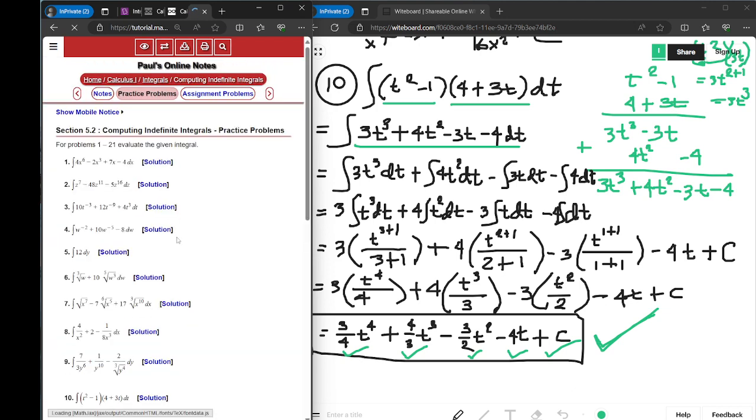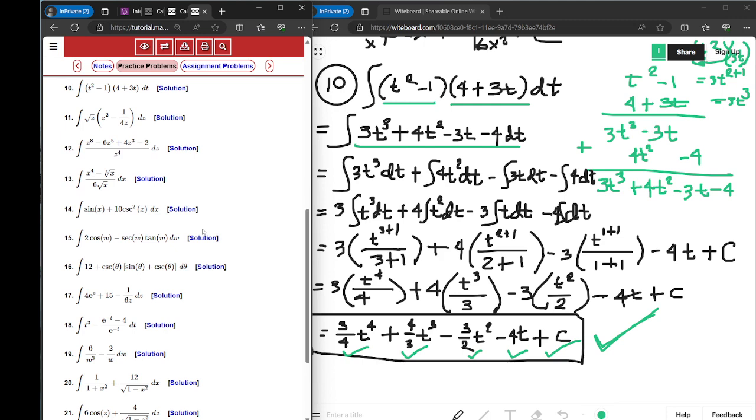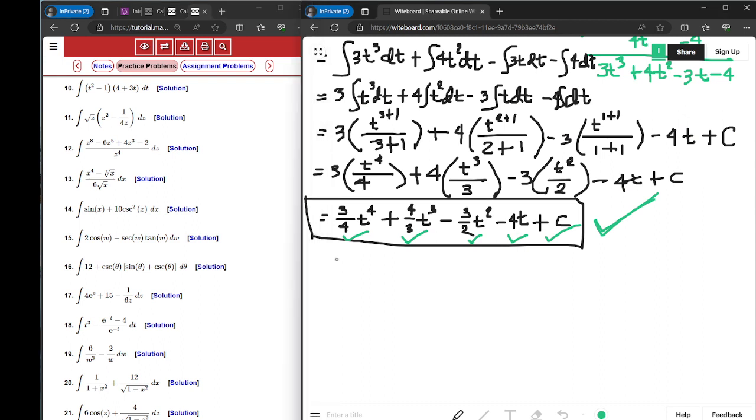So let's go back to the next problem, which will be solved. I think we'll solve number 3. So let's try number 3. Number 13 rather.